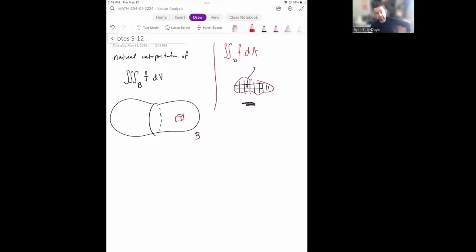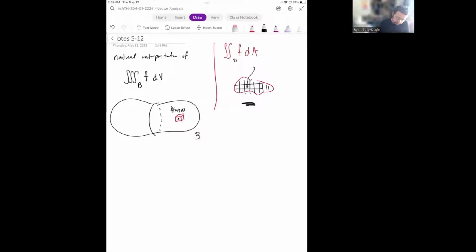And you have a function f that tells you what the density is, so mass density if you want, or energy density, all through the surface. And so to this little box, you assign a quantity f of x, y, z that represents the density in that region. And if you take density times volume, then you get whatever quantity it is that you are after. So mass, if you were looking at mass density.